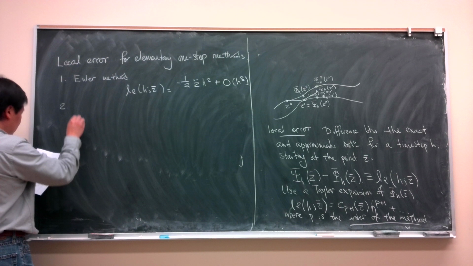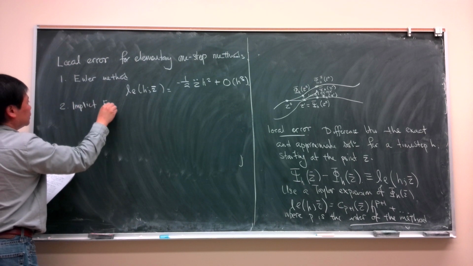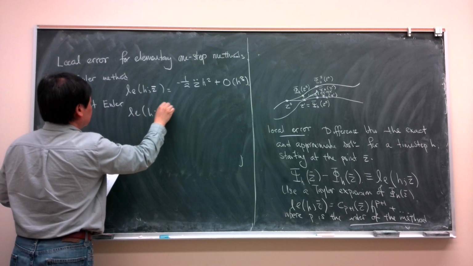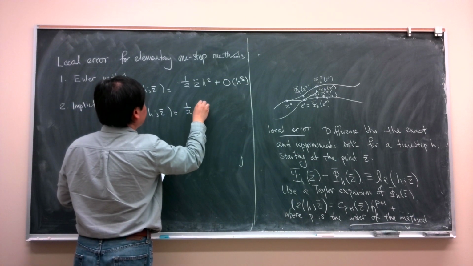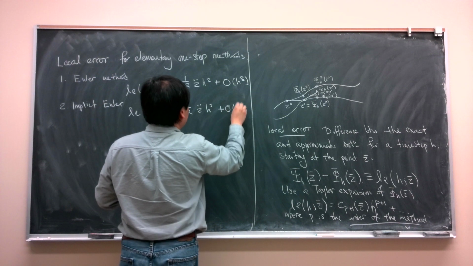With implicit Euler, the local error is of the form 1/2 z double dot h squared plus big O of h cubed.